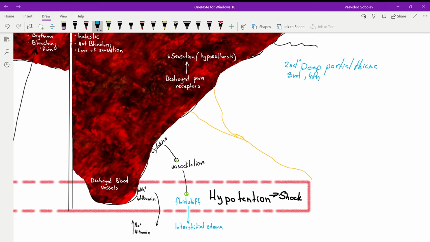So more fluid will be drawn. That second osmotic shift, when there's more particles outside the cell than inside the cell, will shift the fluid. And also albumin, the major balancing molecule inside the blood vessel, will pull the fluid, and this all will lead to edema.